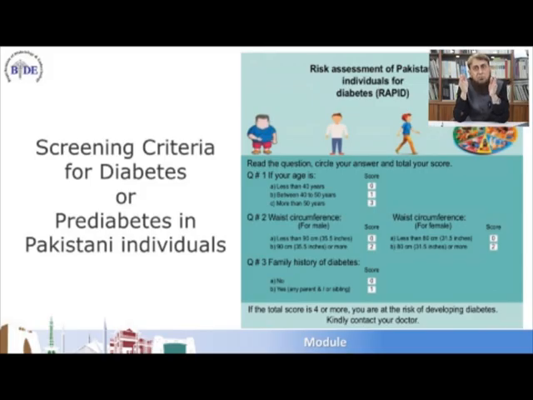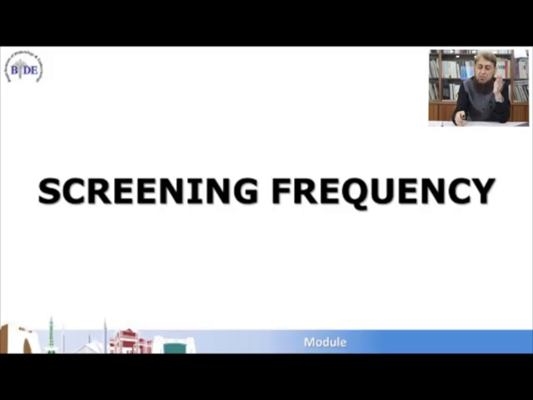This is a really simple tool which can be used in the community to screen the high-risk population. All subjects who have a score of more than 4 should be screened for diabetes to have early diagnosis of either intermediate hyperglycemia or type 2 diabetes.